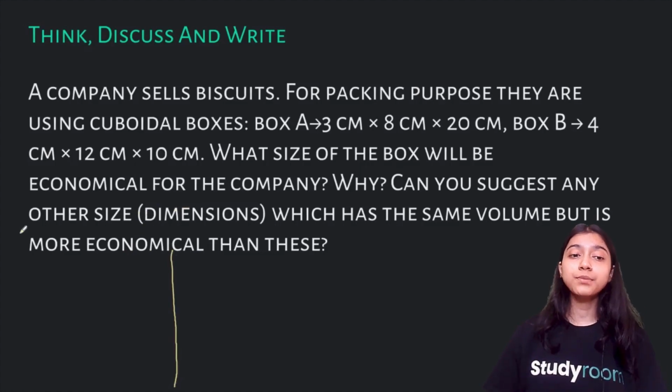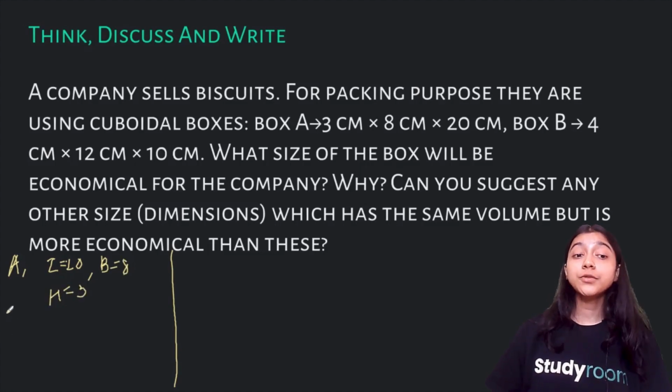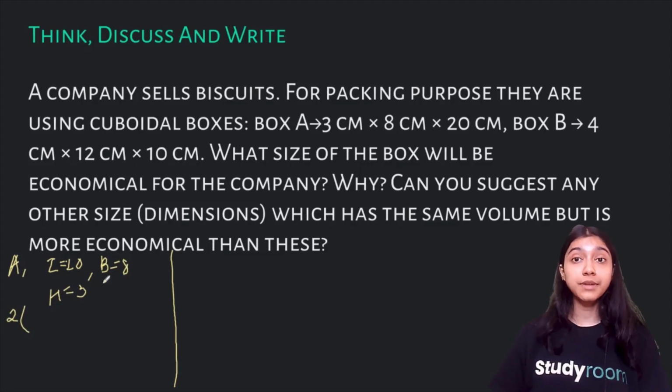In the first case, box A, the dimensions given to us are 3, 8 and 20. So let's say the length is equal to 20, breadth is 8 and height is 3. So over here, the formula for calculating the total surface area is 2 times length multiplied with breadth. That is 20 multiplied with 8 gives us 160.